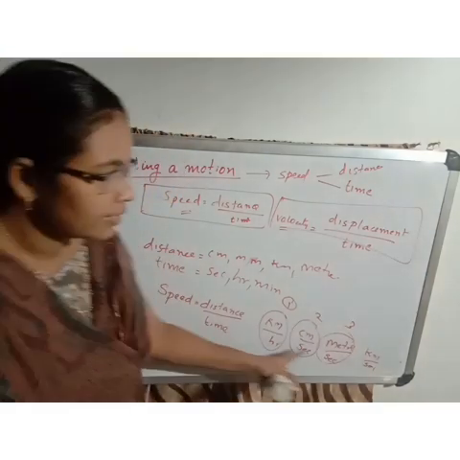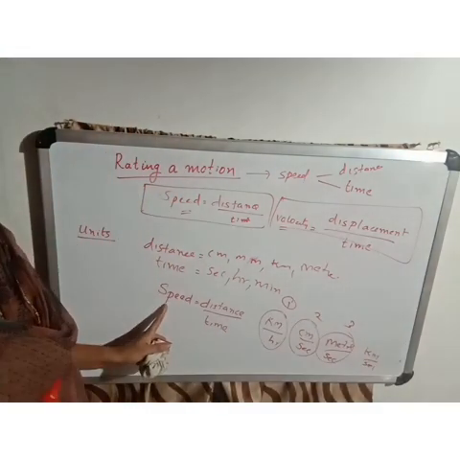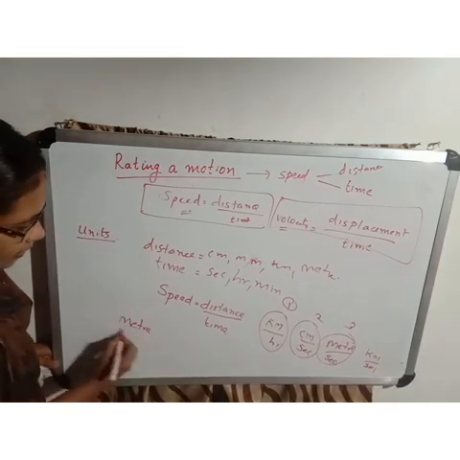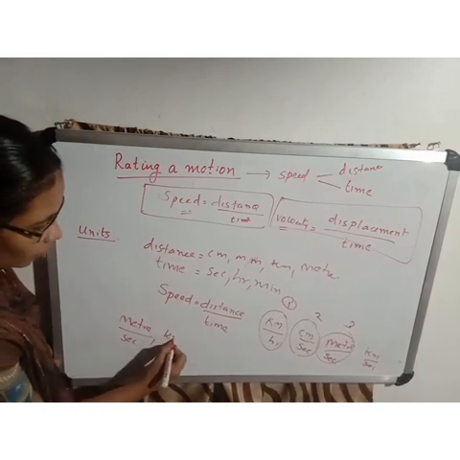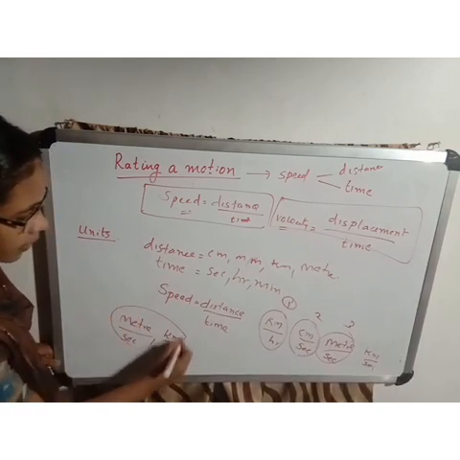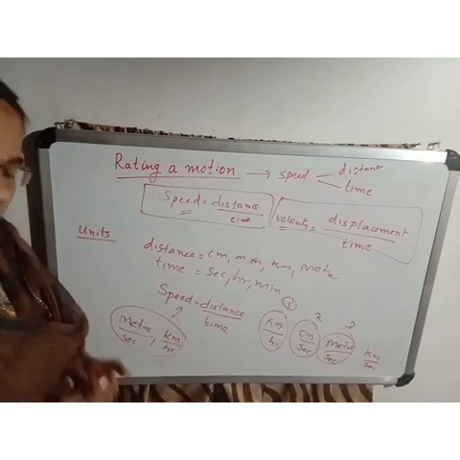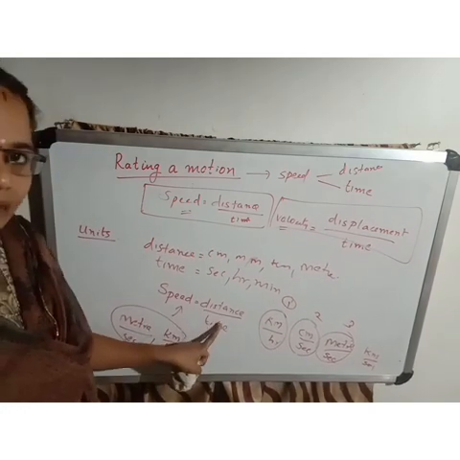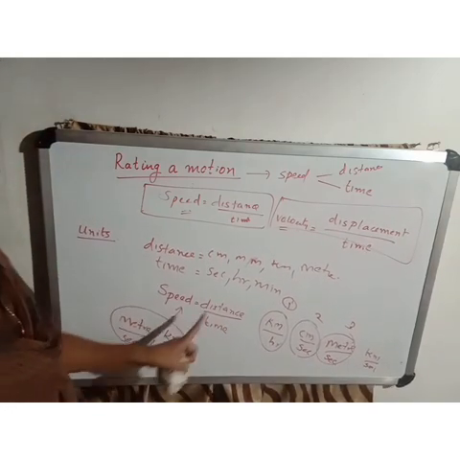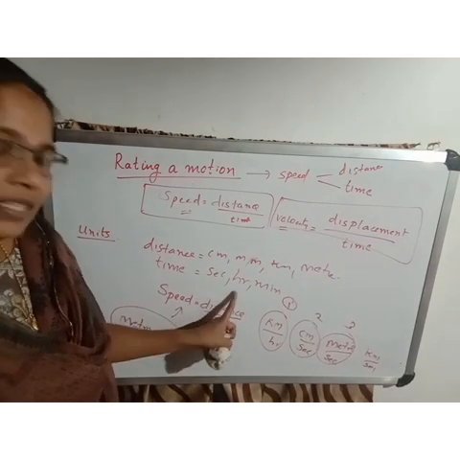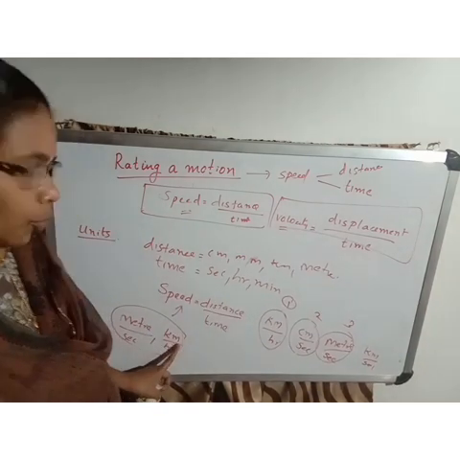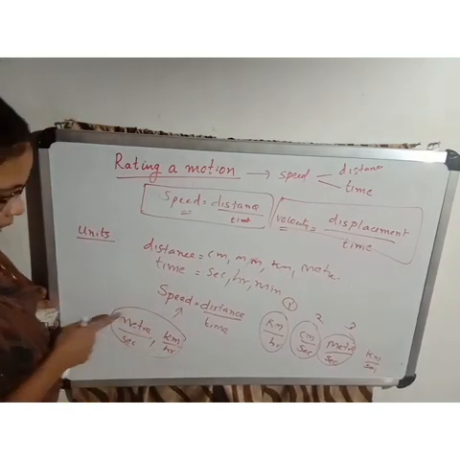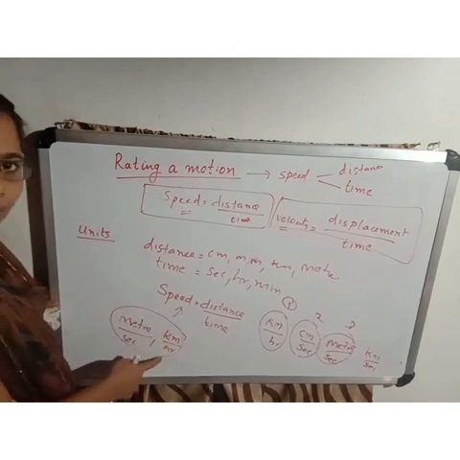All these are possible units of speed, but in practical application we usually use meter per second or kilometer per hour. Usually, distance is measured in meter and time in second. Likewise, sometimes distance is in kilometer and time in hour. So the unit of speed becomes meter per second or kilometer per hour.